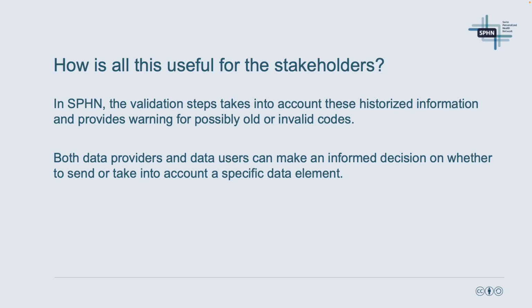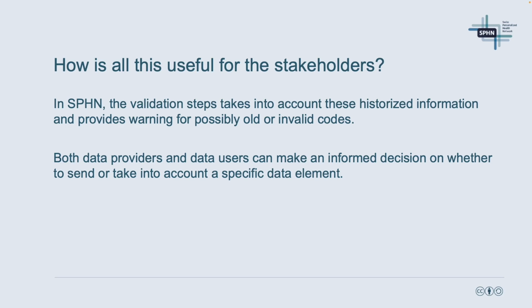So how is this all useful for the stakeholders? Using version codes enables to increase the accuracy of data analysis, especially when it comes to terminologies that may change the meaning of certain codes. In SPHN, our pipelines have validation steps that take into account this historized information and provide warnings for possibly old or invalid codes.